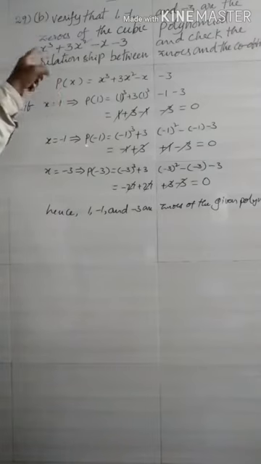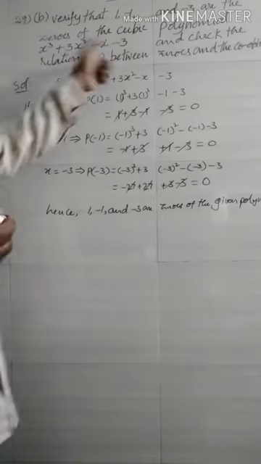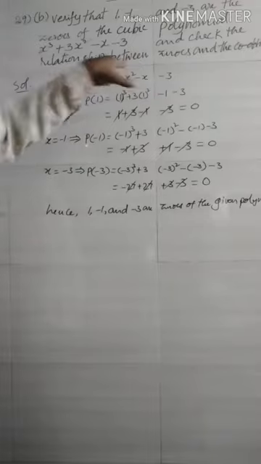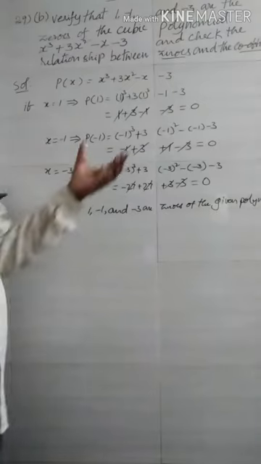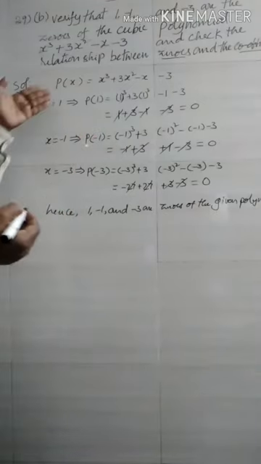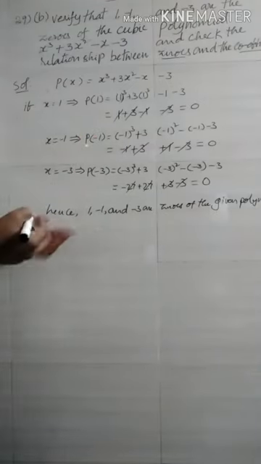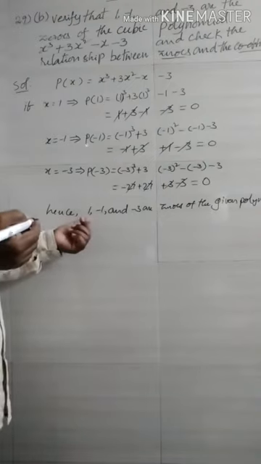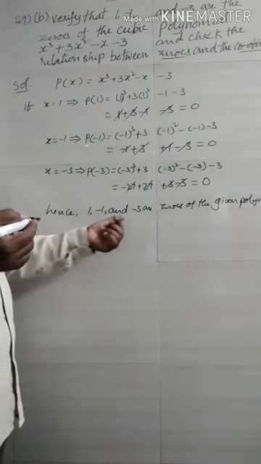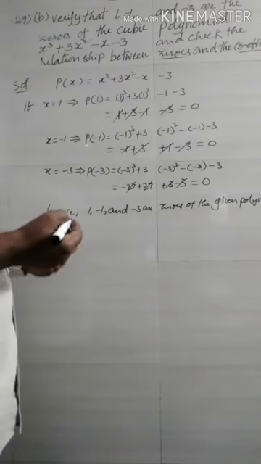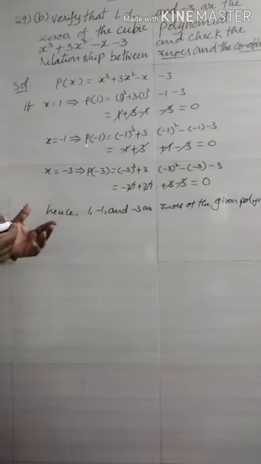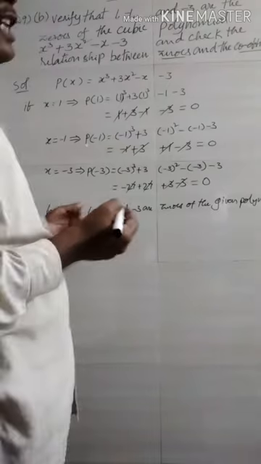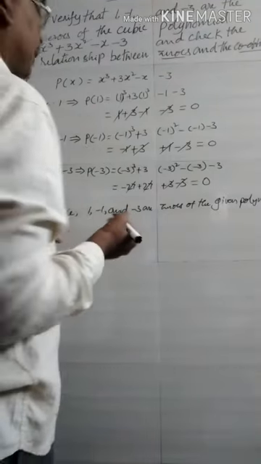There is another part. What is the other part? Check the relationship between zeros and coefficients. We know the zeros. These three are the zeros. That means here alpha is 1, beta is minus 1, gamma is minus 3. We compare the cubic polynomial ax cube plus bx square plus cx plus d with the given polynomial.